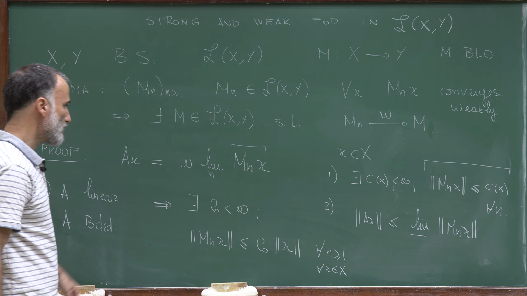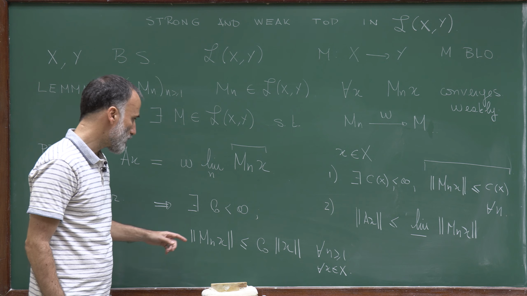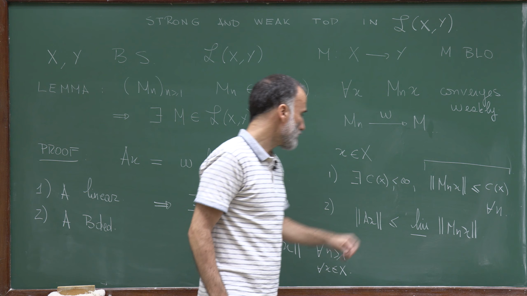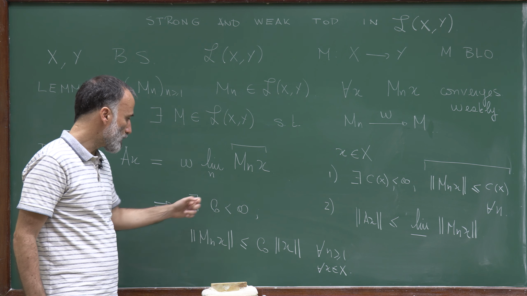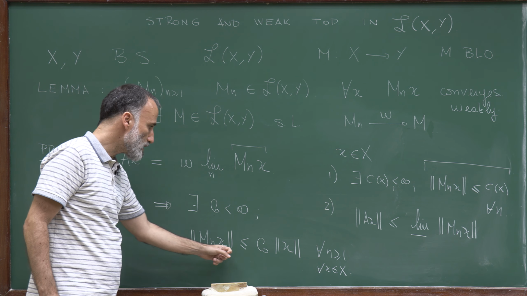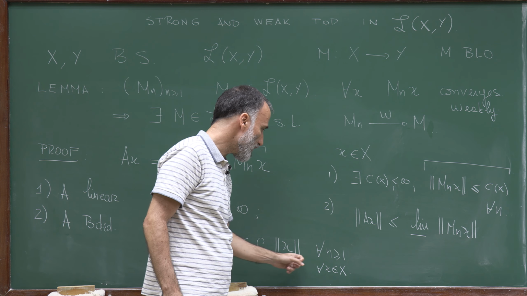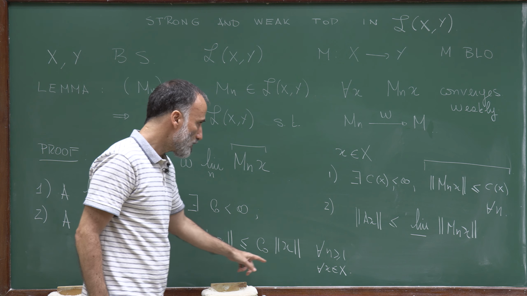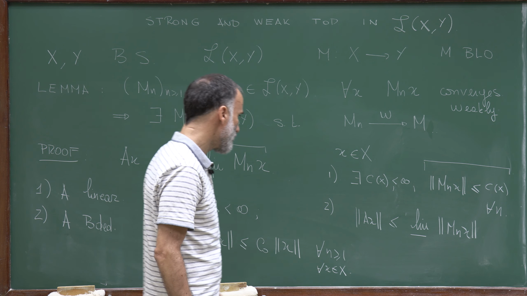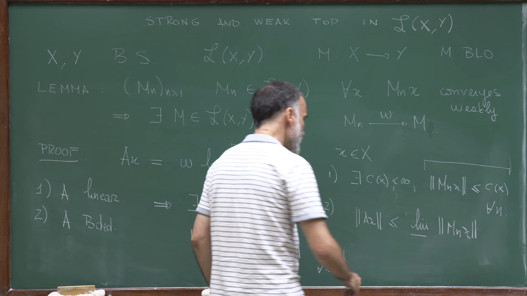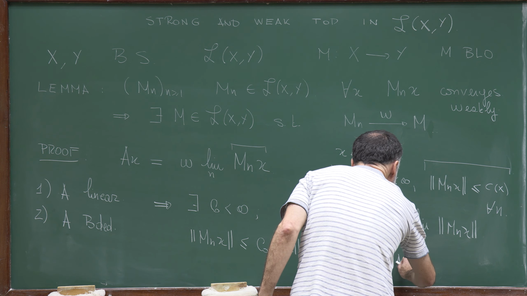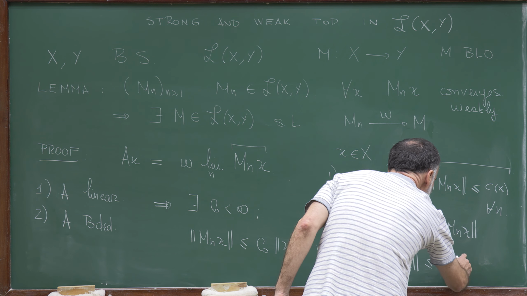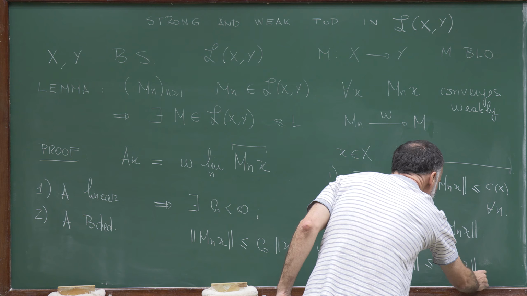Right, so in the proof of the previous lemma, we showed that it follows from this bound that there exists a finite constant C0 such that the norm of M_n x is bounded by C0 times the norm of x for all n and for all x. From this bound and from this second bound, we deduce that the norm of Ax is bounded by C0 times the norm of x.